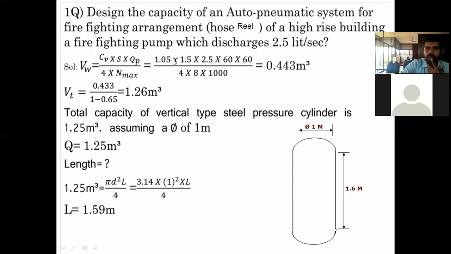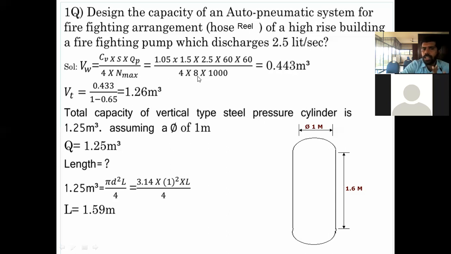So 1.05 into 1.5 into 2.5 into 60 into 60, converting it to hours, divided by 1000 for liters to meter cube, and divided by 4 into N max, where N max means 8. When you multiply all those things, I think you may get 0.443.